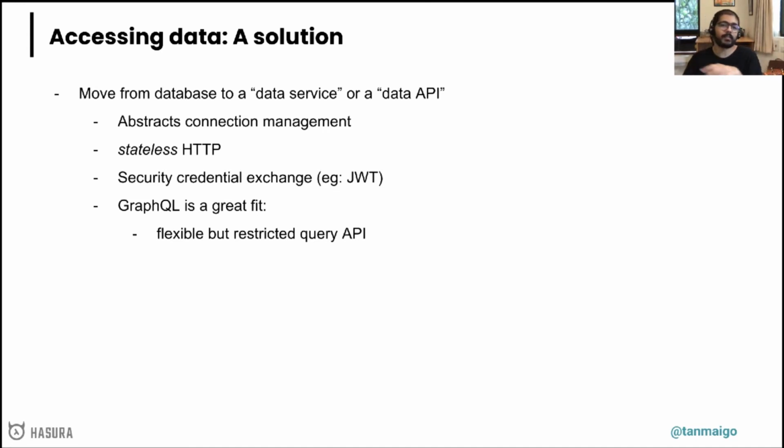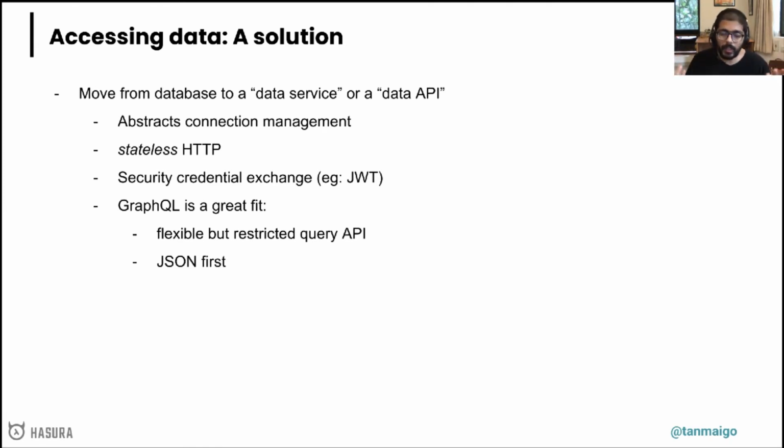It's not as flexible as a full-on database query API. It's more restricted, so you can scope access to particular entities or particular objects inside your data source. GraphQL is also great because it's JSON first. That means you don't really need to do any heavy lifting inside your serverless function to figure out how to get data from the database and convert it to something you want. Marshal, unmarshal that. It's just JSON.